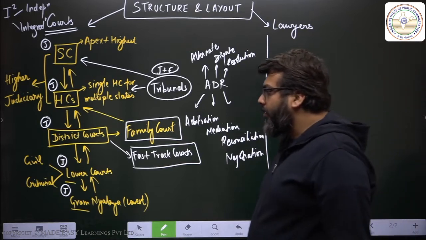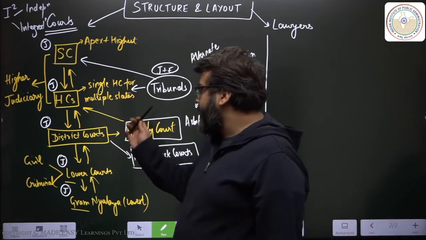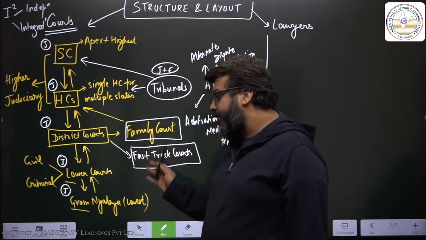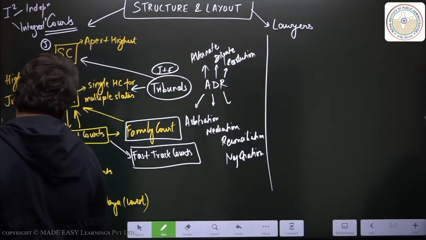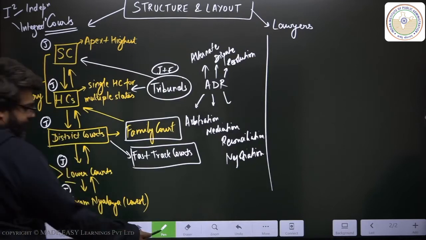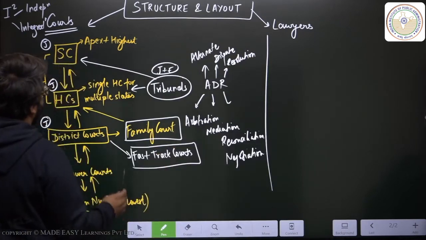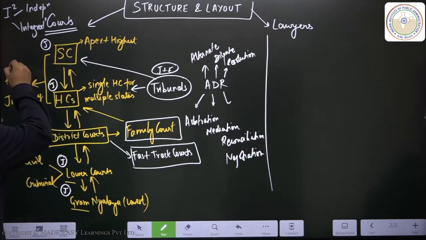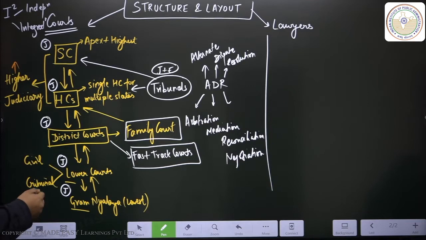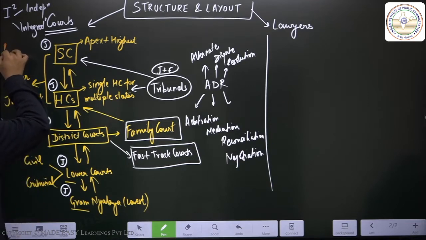Okay. Now your tribunals are placed here, your family courts, fast track courts are placed here, and this is how it is done. Now, the difference is in Supreme Court and High Court appointments, or removals. This entire process is through a collegium and their process is nationalized.